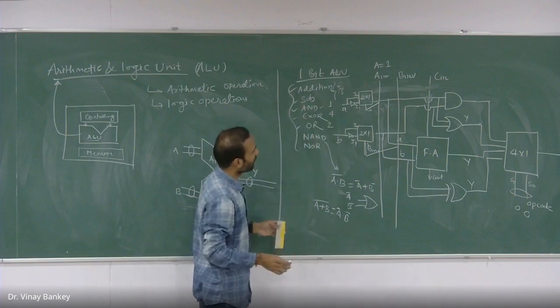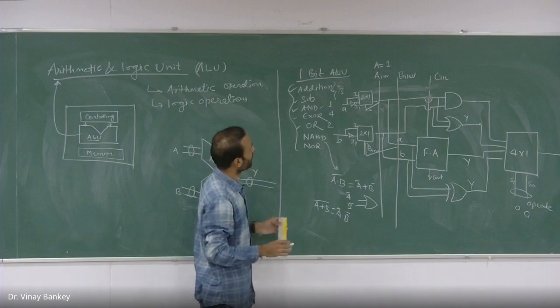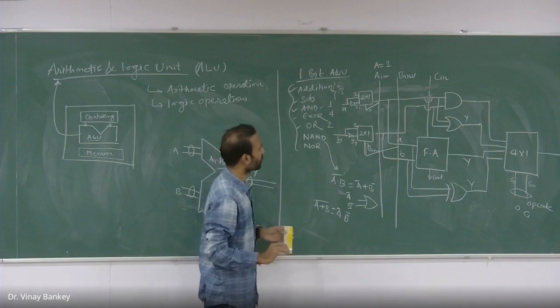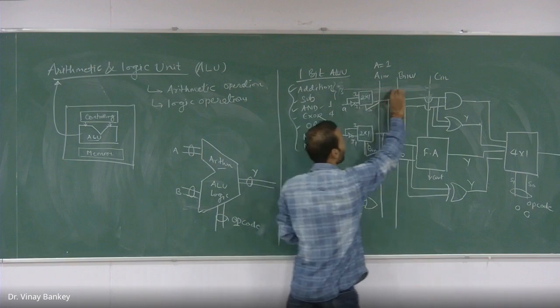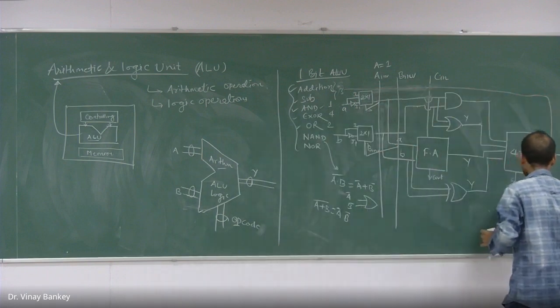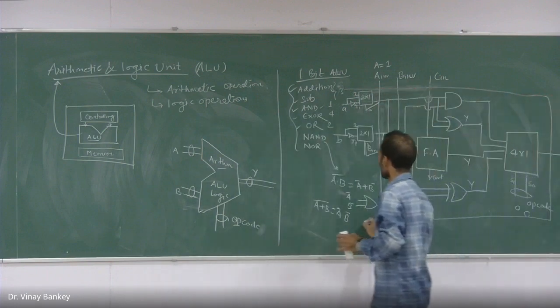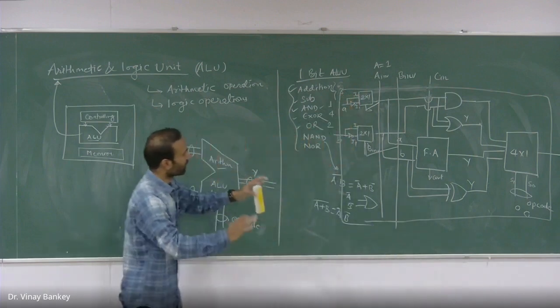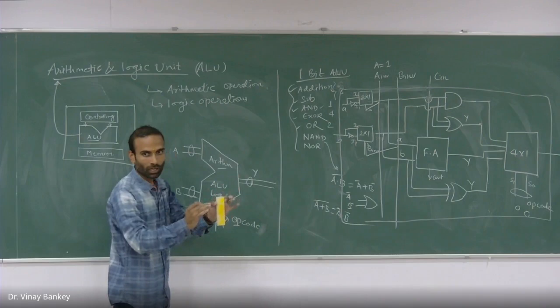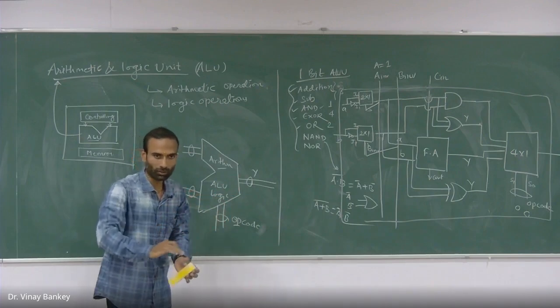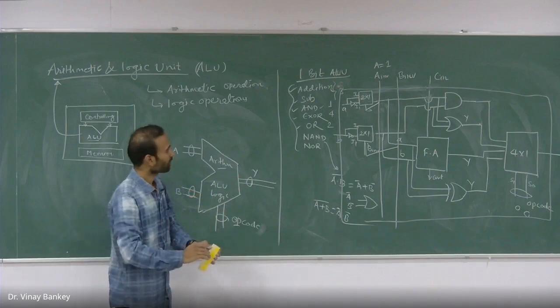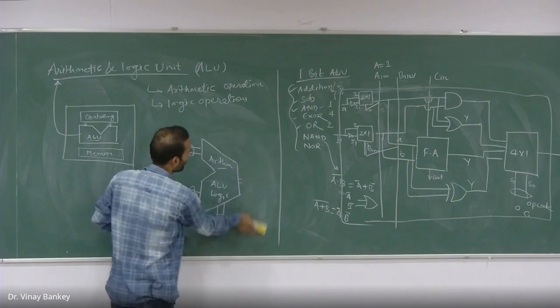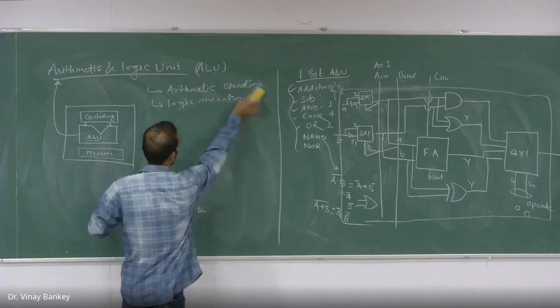Now I want to design an 8-bit ALU. So I will take this whole thing as one block. This is my 1-bit ALU, and I will connect them in such a manner that there should be 8 outputs.